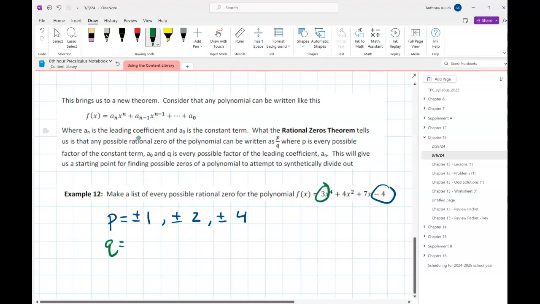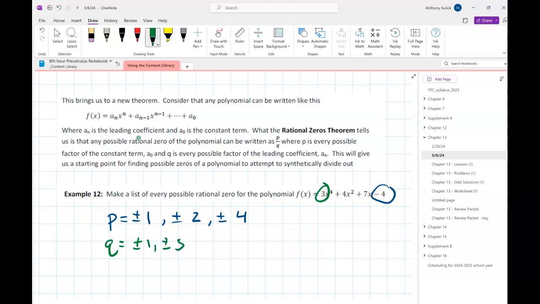And then q are going to be the factors of the leading coefficient. What are factors of 3? 3 and 1. Positive, negative. There you go. Plus or minus 1, plus or minus 3.